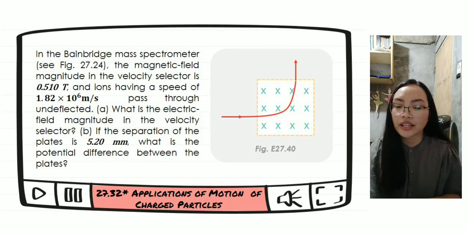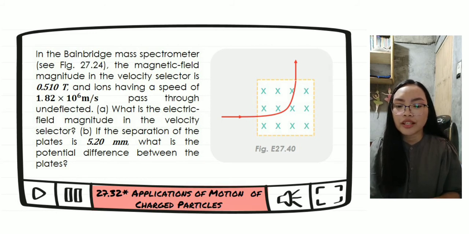So, in the Bainbridge mass spectrometer, as seen in figure 27.24, the magnetic field magnitude in the velocity selector is 0.510 Tesla, and ions having a speed of 1.82 times 10 to the 6th meters per second pass through undeflected. Part A. What is the electric field magnitude in the velocity selector?